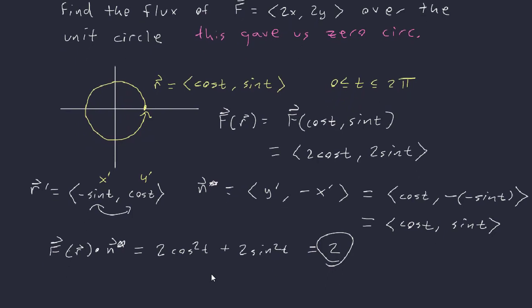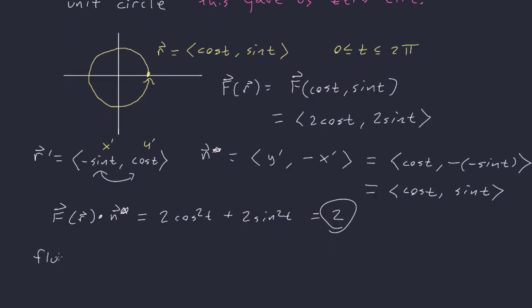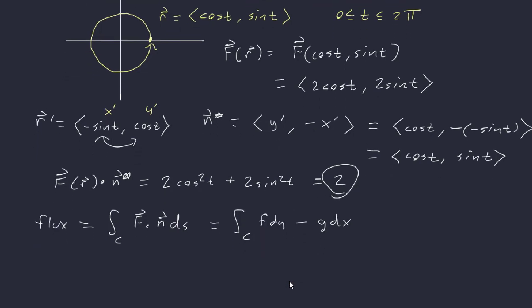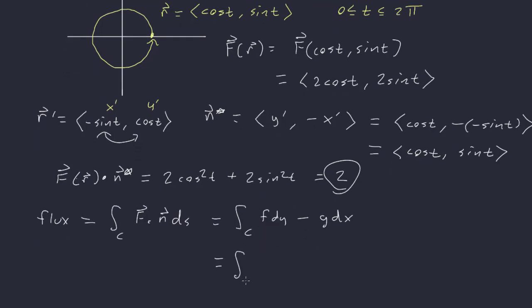So the flux is going to be the line integral of F dot n ds, also known as the line integral over C of f dy minus g dx, which is going to be the integral from 0 to 2 pi of 2 dt.